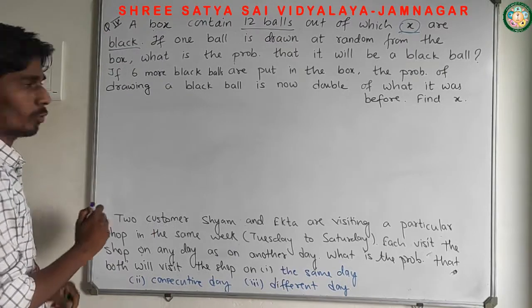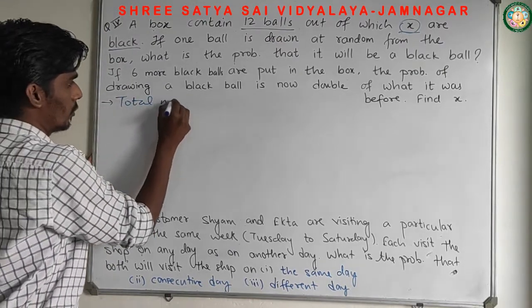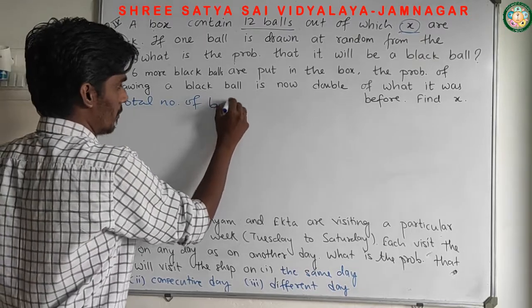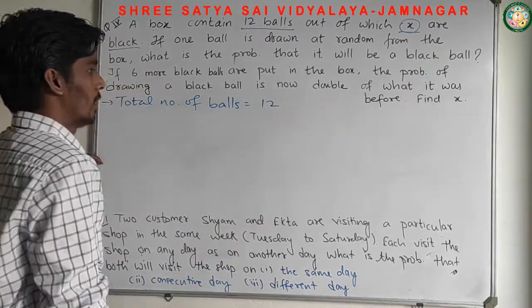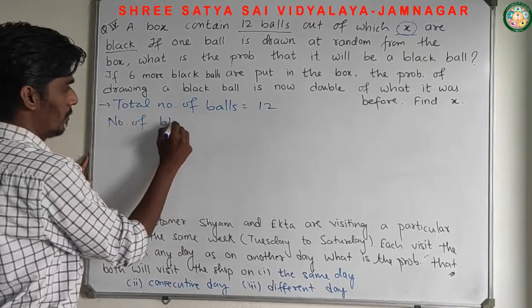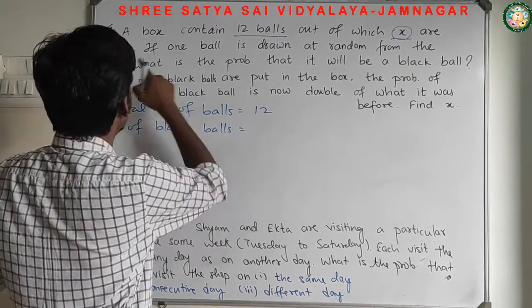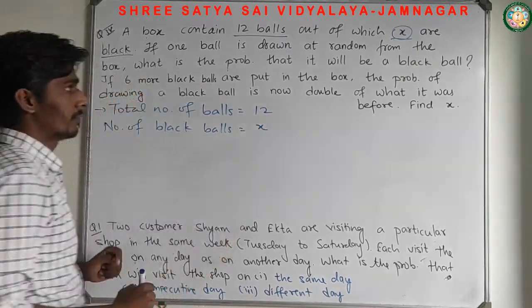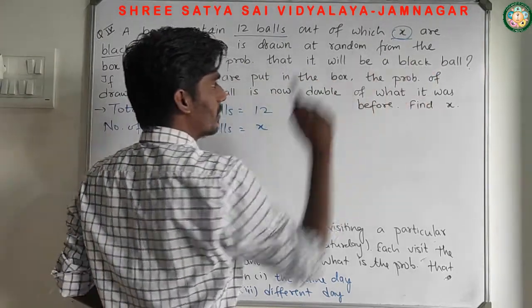So first of all, write down the total number of balls, which is 12. Now the number of black balls is X. Now what is the probability that it will be a black ball?